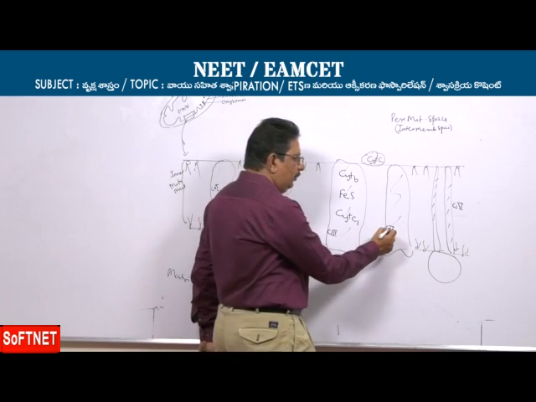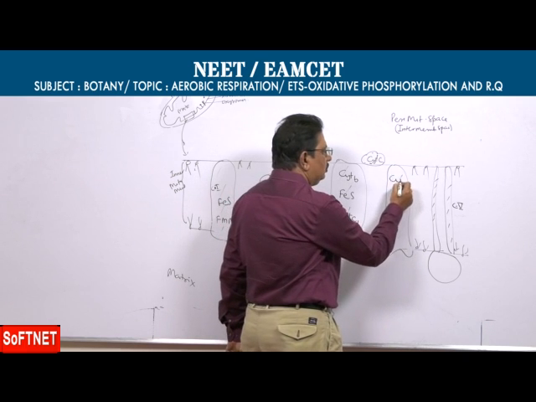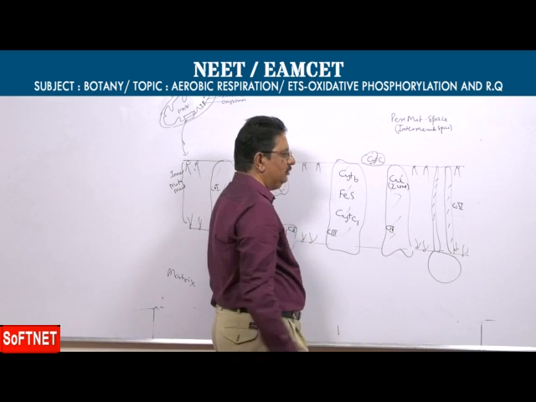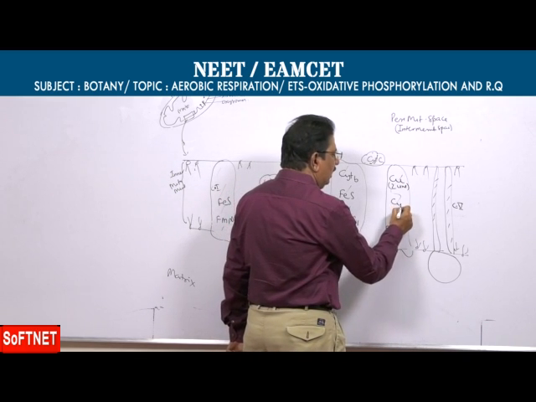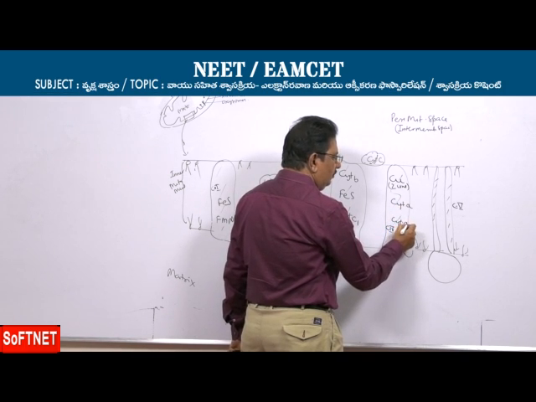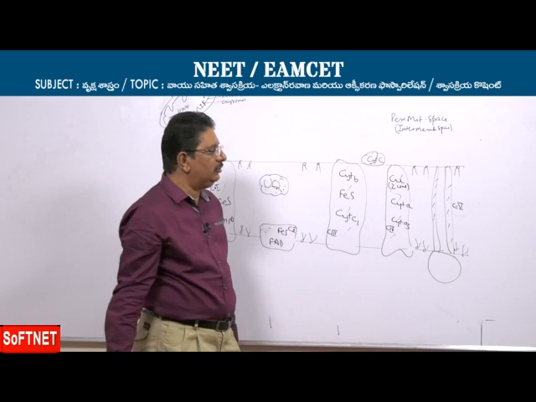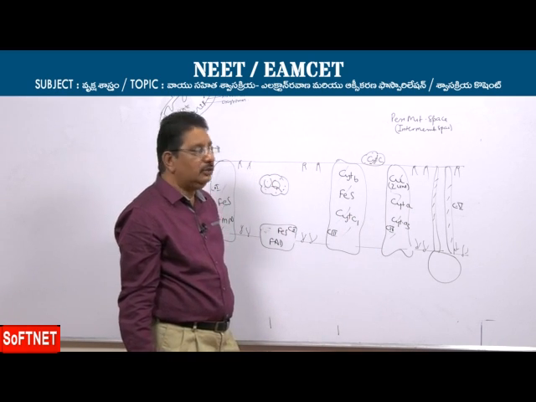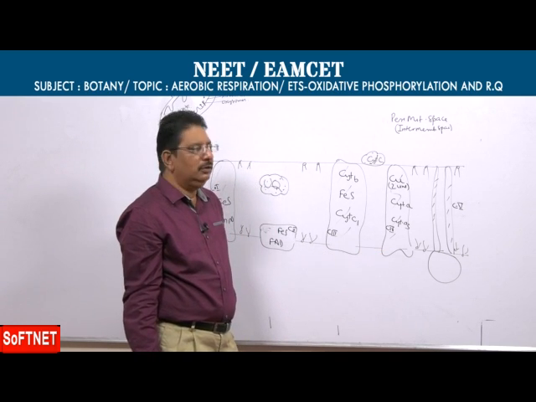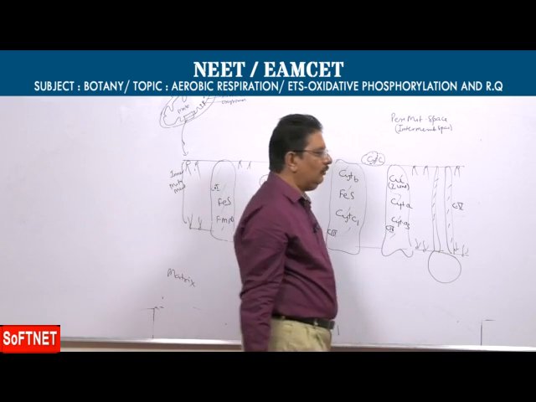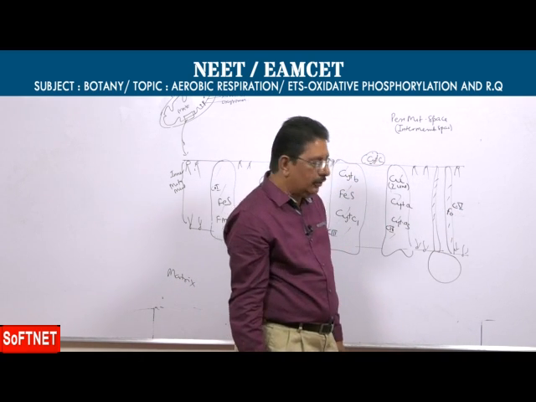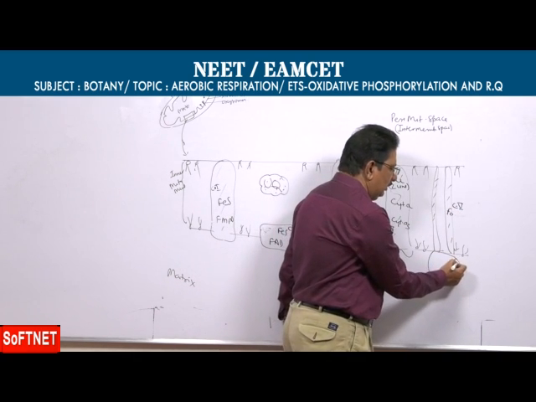Then, in complex 4, there are 2 units of copper centers and cytochrome A and cytochrome A3. Cytochrome A and cytochrome A3 are the components of complex 4, and complex 5 has two parts. One is F0 and another one is F1.